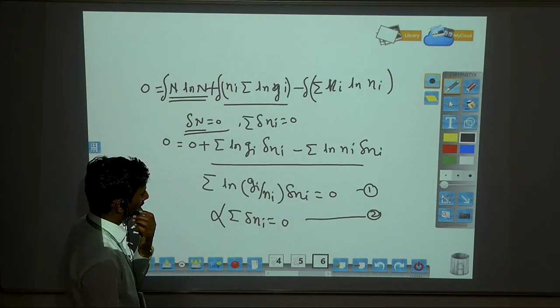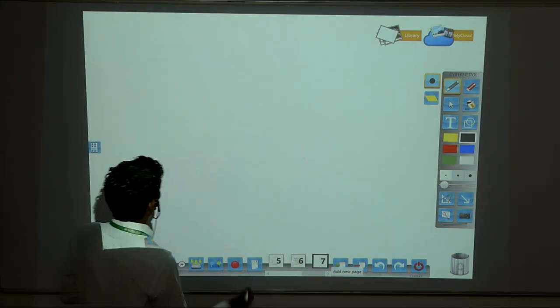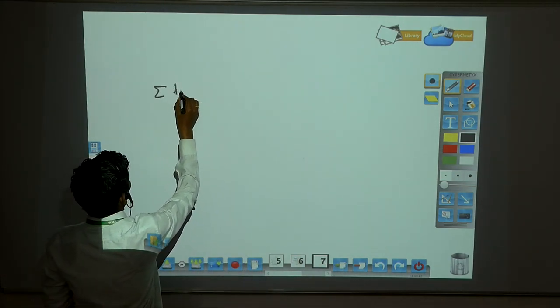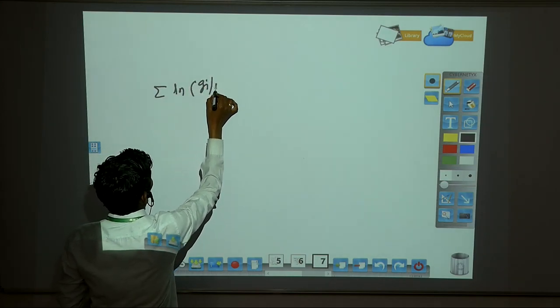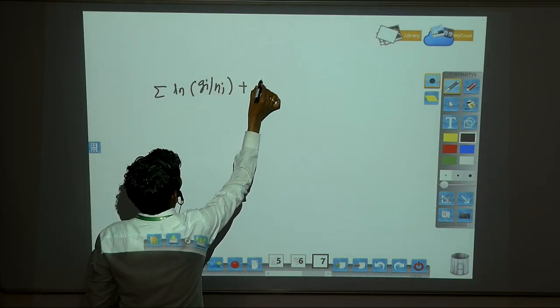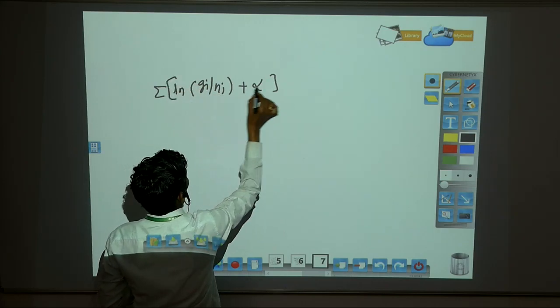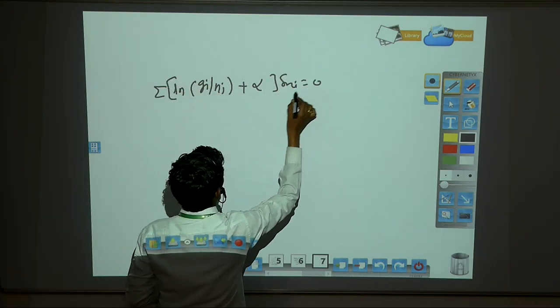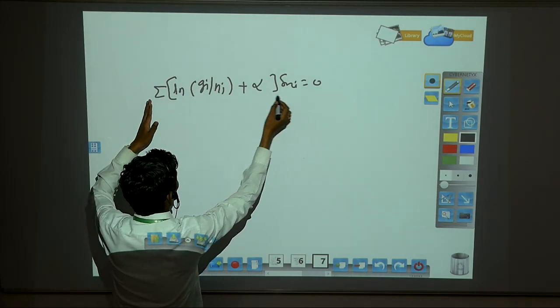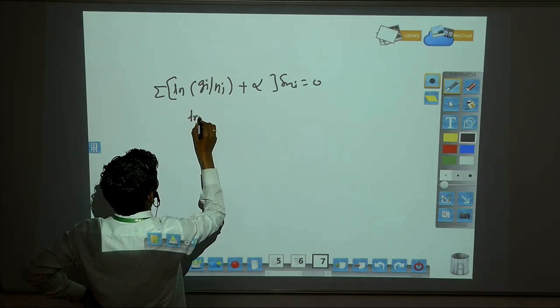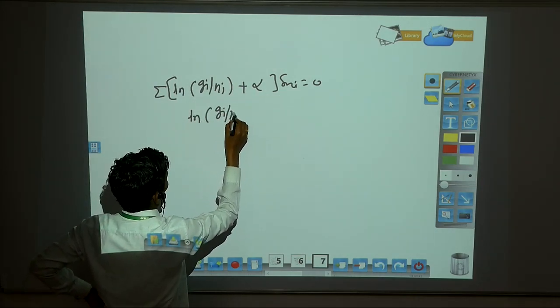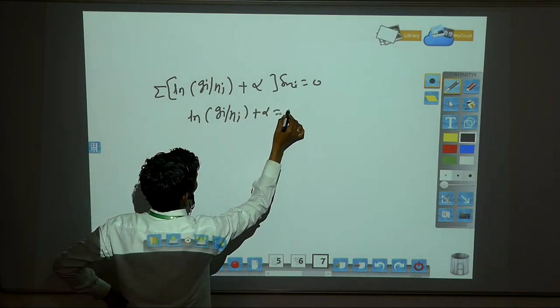Then what we get is summation of ln gi by ni plus alpha, delta ni is equal to 0. The summation of delta ni is not 0 here, but this whole term is 0. Therefore ln of gi by ni plus alpha is equal to 0.